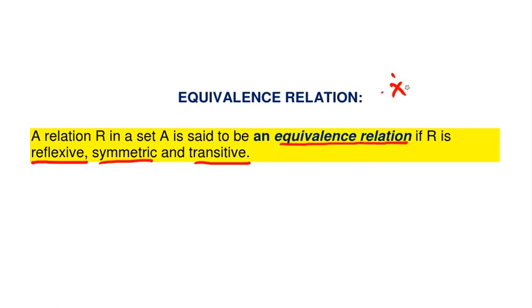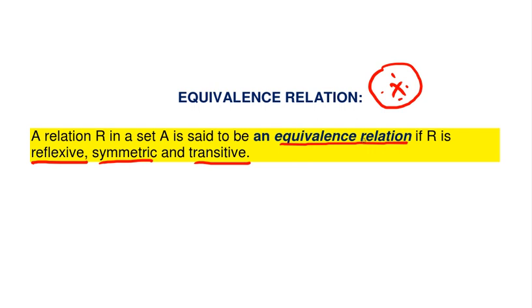This is very important, and a 2-mark or 3-mark question may be expected from this concept. A relation R in a set A is said to be an equivalence relation when it is reflexive, symmetric and transitive. Only if all three are there is the relation called an equivalence relation.